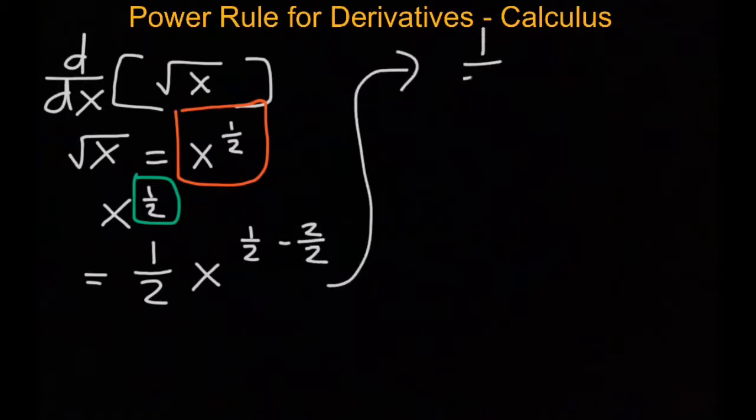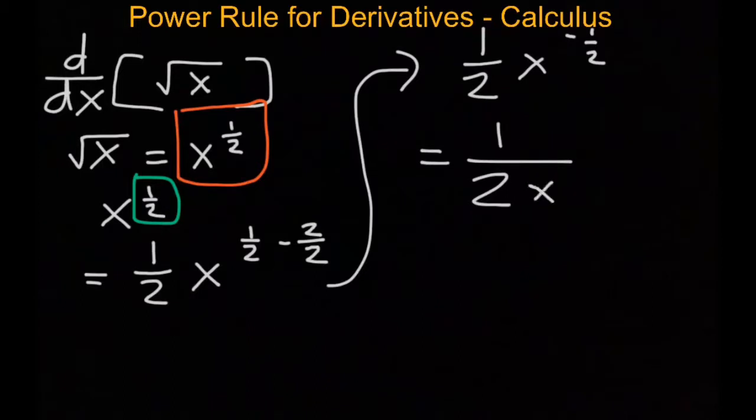So 1/2 x to the power of 1/2 minus 2 over 2 is simply x to the power of negative 1/2. So let's bring x to the denominator now. So we can rewrite this as 1 over 2 x to the power of 1/2.